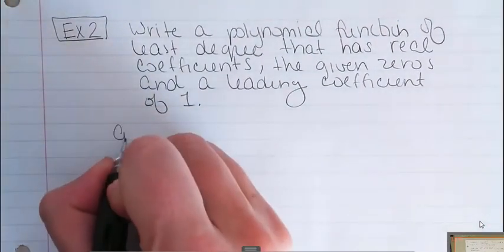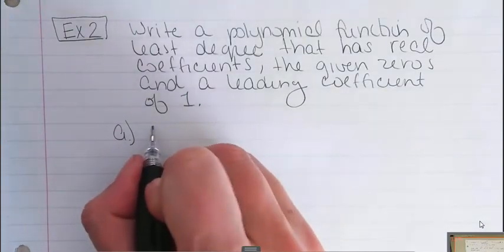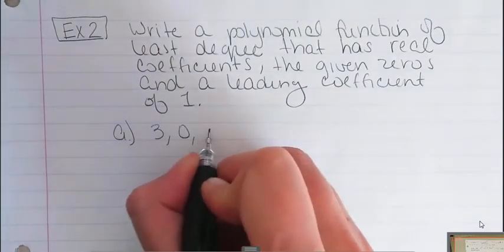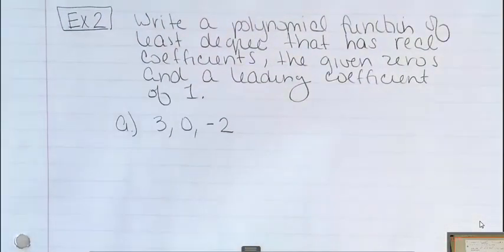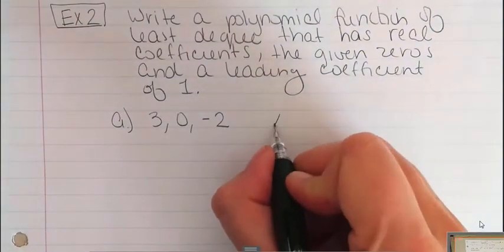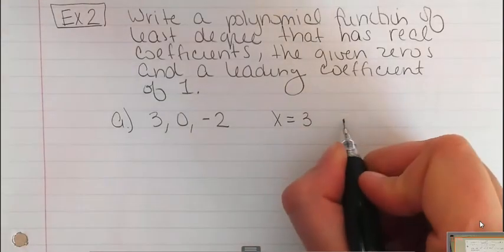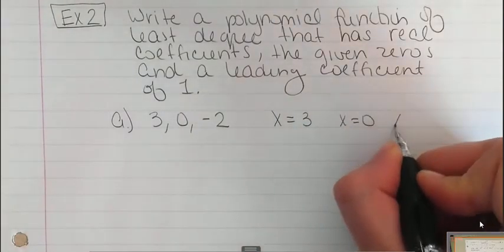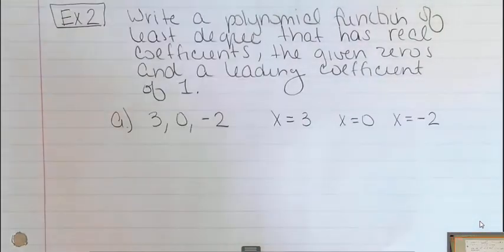Okay, so the first one is going to have 3, 0, and -2. So that tells me that my roots are x equals 3, x equals 0, and x equals -2.